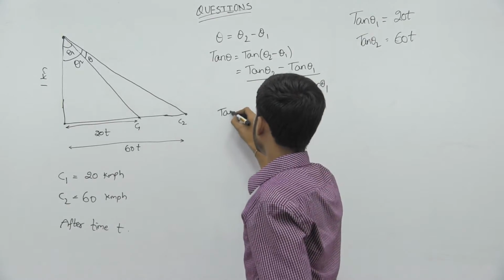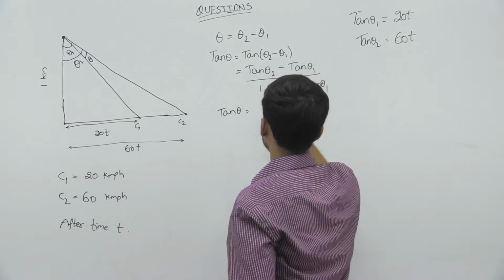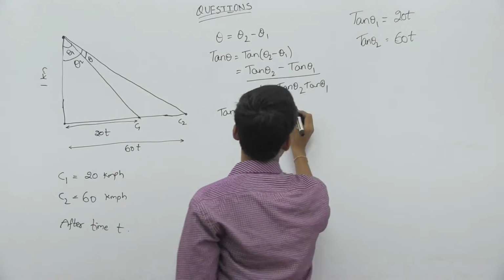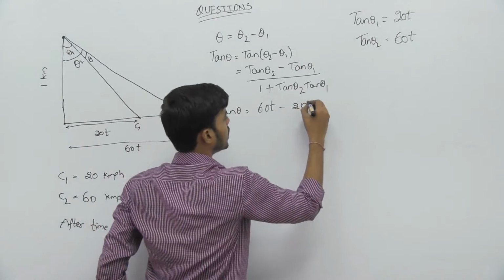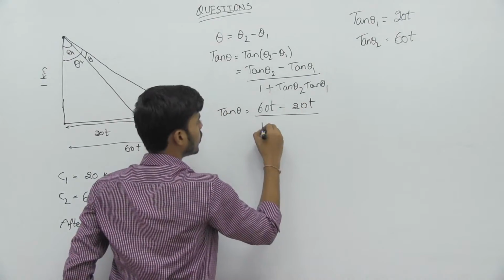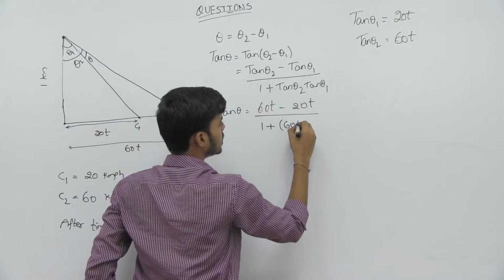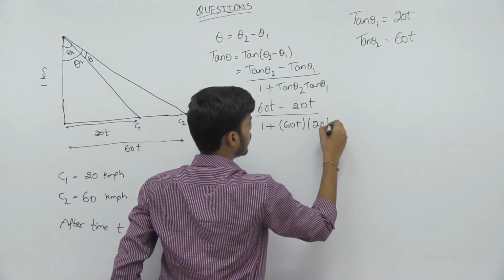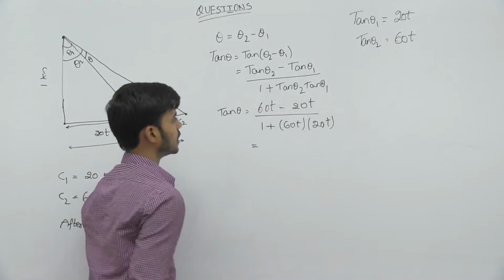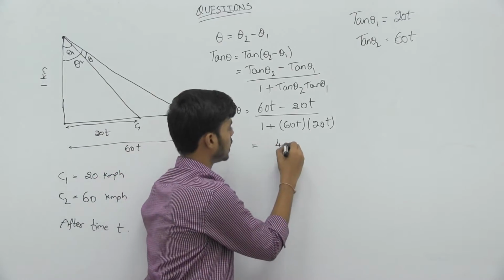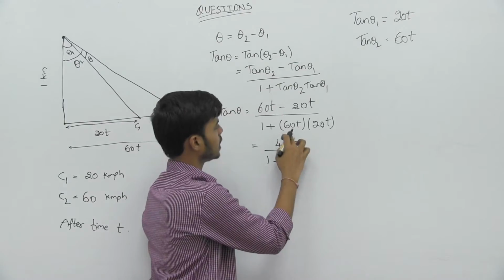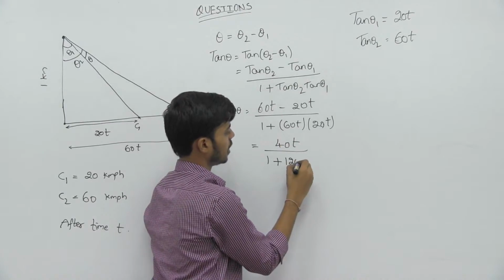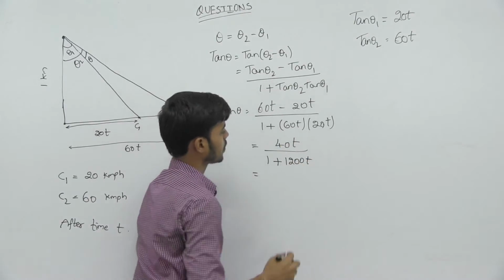So tan theta equals 60t minus 20t by 1 plus 60t into 20t, which is 40t by 1 plus 1200t squared.